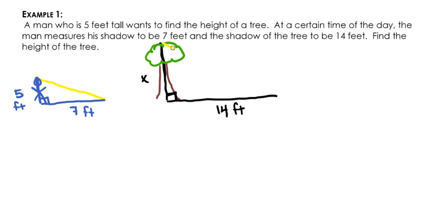And remember that the rays of the sun for the tree are coming in at the same angle as the rays of the sun for the man, making these two angles down here, where the rays of the sun meet the ground, the same. So the triangles are similar by angle-angle similarity. And because the triangles are similar by angle-angle similarity, that means that the lengths of the corresponding sides must be proportional.